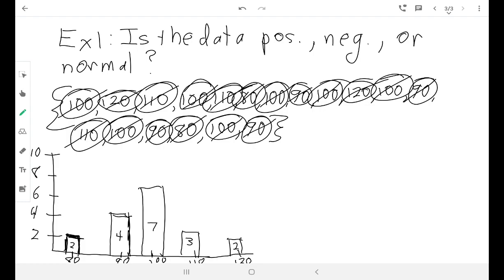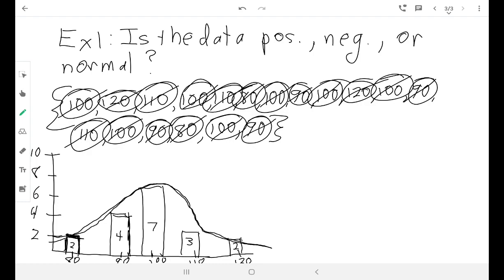So now the idea is that if I look at this data and if I start with a curve, and you see if I draw a curve connecting these, how does it look? What does that curve look like? Okay, and that's what we're trying to figure out. Does this curve look positively skewed? Does it look negatively skewed? Does it look normally distributed?